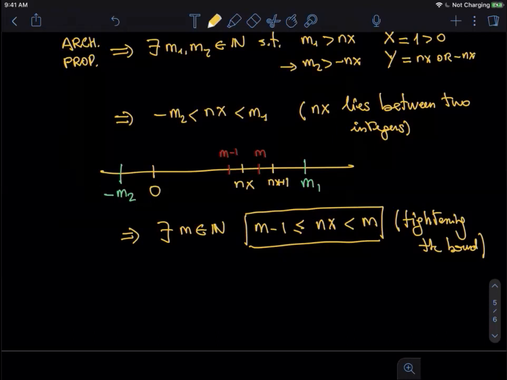Just add 1 unit here. We have m less than or equal to nx plus 1.